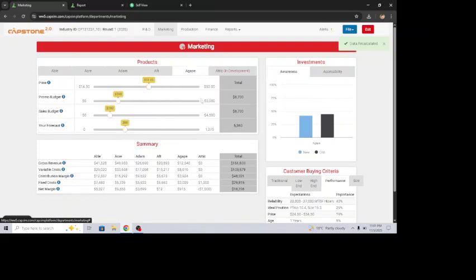Our final product is Agape, and based on size market segment, price has the least importance, and we settled for 34.25.